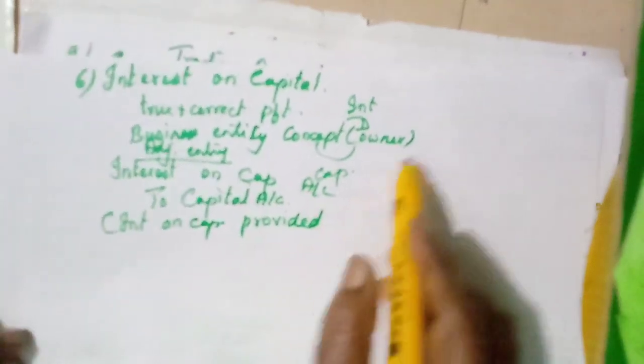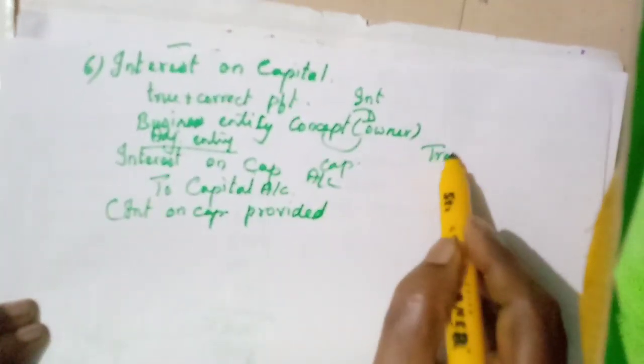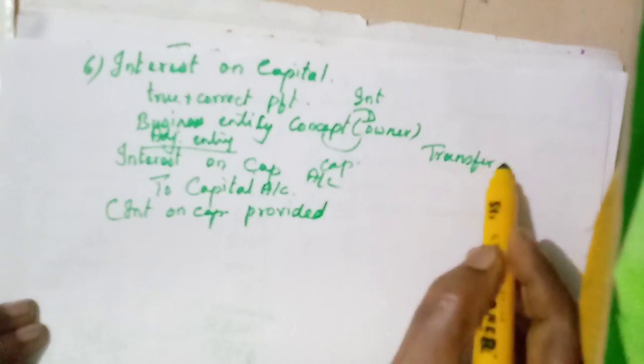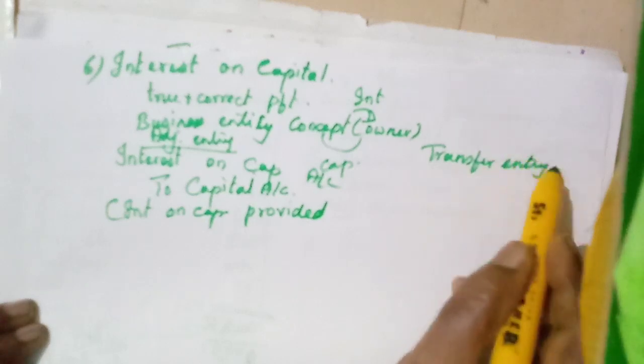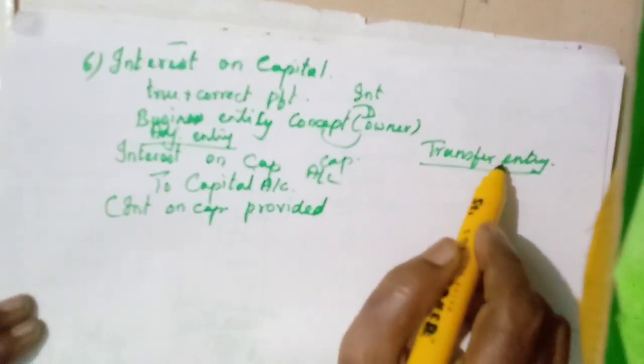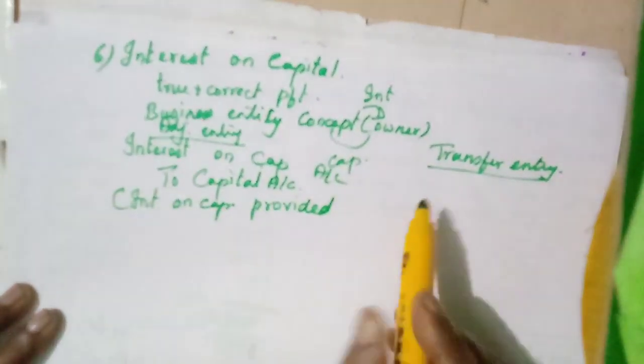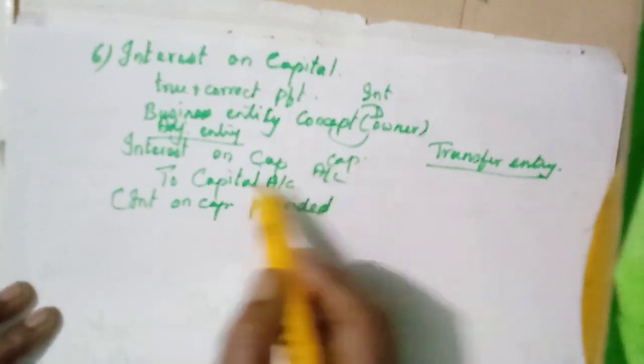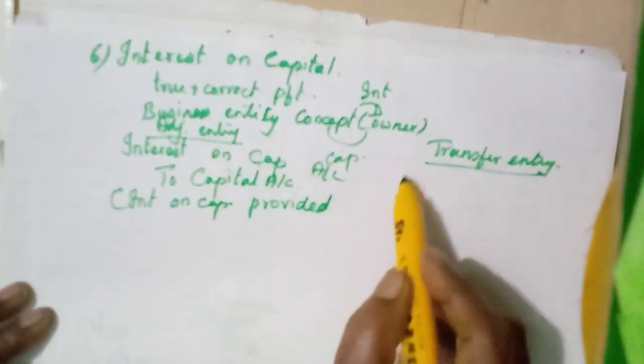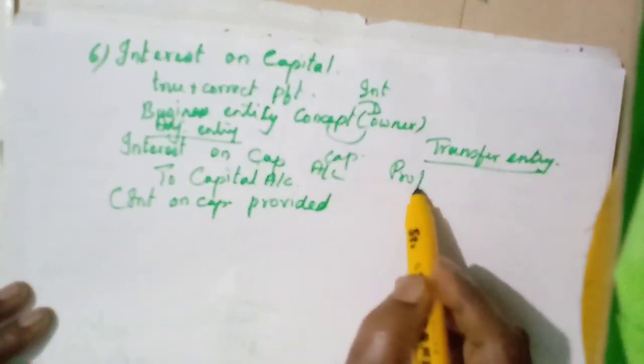Then one more entry will be there. That one is the transfer entry. Till now we have not learned any transfer entry because we need to transfer this interest on capital to the profit and loss account. So we need to credit this expense and we should debit the profit and loss account.